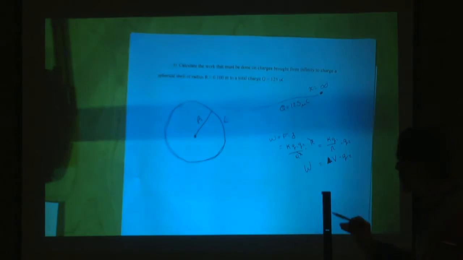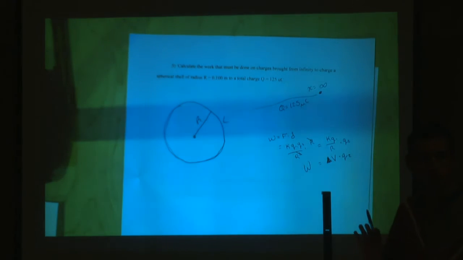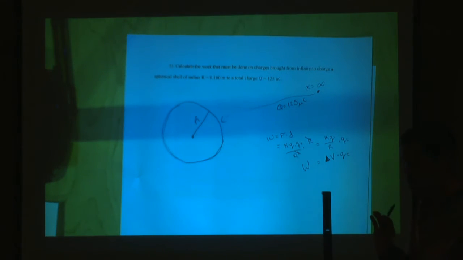We have empty space. There's no charge here. Essentially, if we were to push this charge here, because of inertia, it shouldn't take any work. There's no change in potential. So would our work equal 0? I'm going to tell you that it's no. I wouldn't put something that equals 0 on my review.